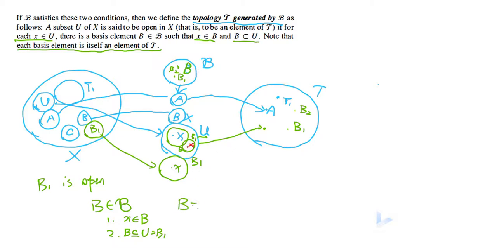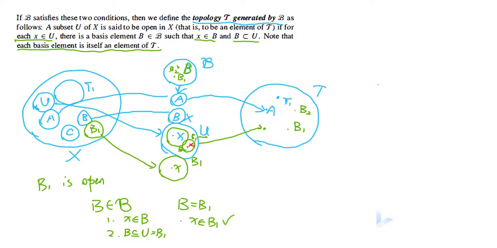So the B is B1 itself, and we can check the first property. Because the B is B1, we should have X inside the B1. This is obviously true because we chose this X from the B1.